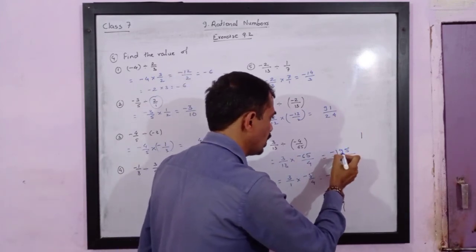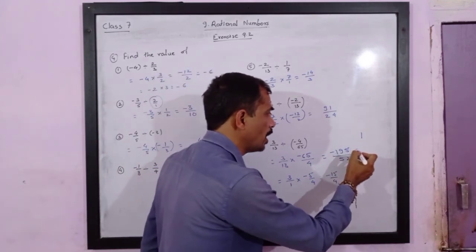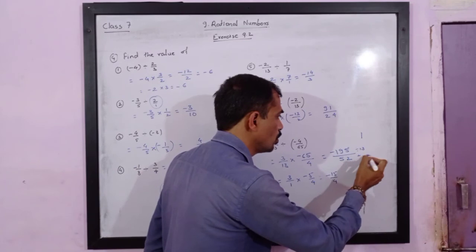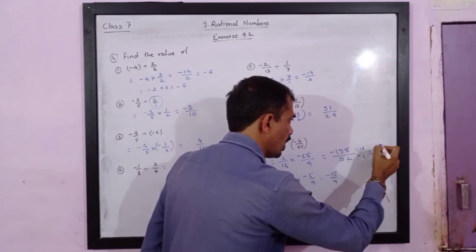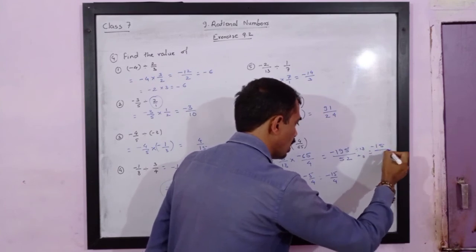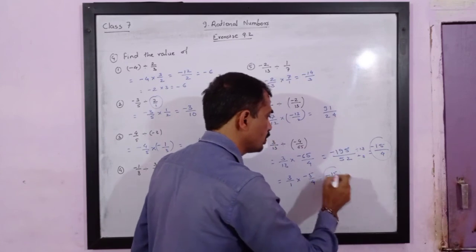Sorry, I made a mistake. 195. Now please note, both numerator and denominator are divisible by 13. So you will get the answer. 13 ones are 13, 13 fives are 65 upon 13 fours are 52. So same answer we are getting. Please note.